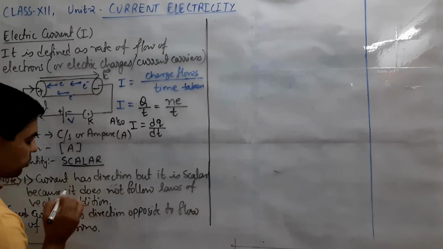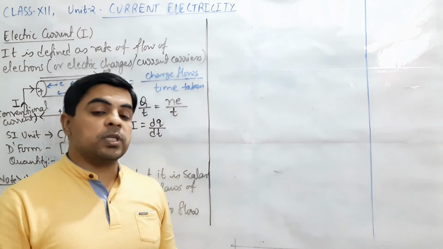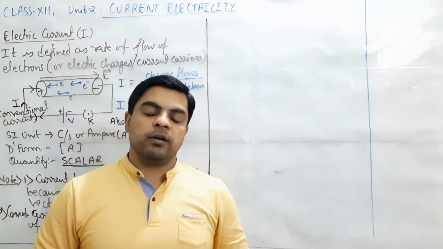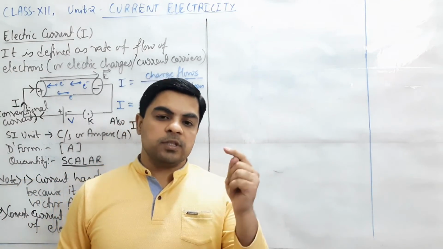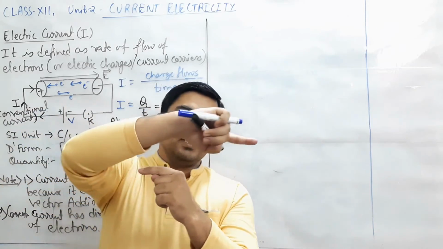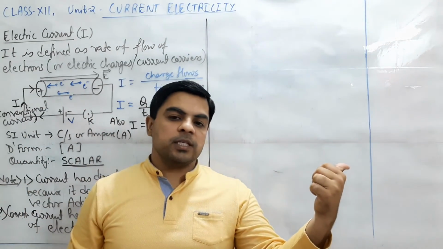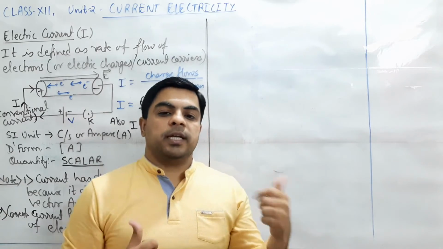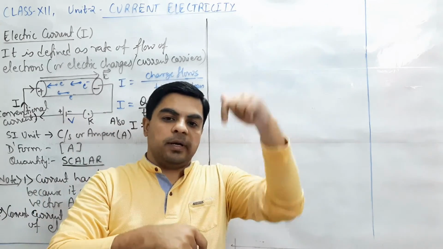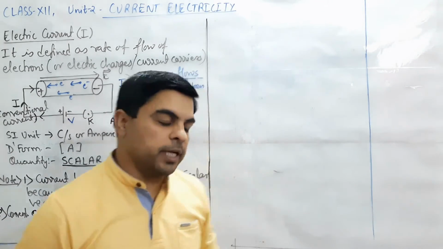The direction in which electrons are flowing, with respect to that, in the opposite direction we represent the direction of current. Always, suppose negative is going in this way, current will be in this way. If a negative charge particle is going in this way, current will be in the opposite direction. Negative up, so current down, negative down, current up, always in opposite direction.